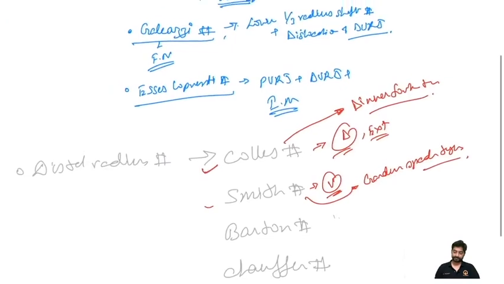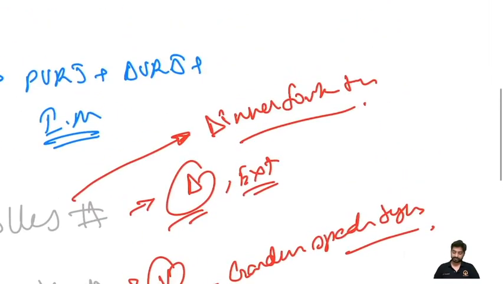So this is the dinner fork, and in the garden spade the deformity will look like this.